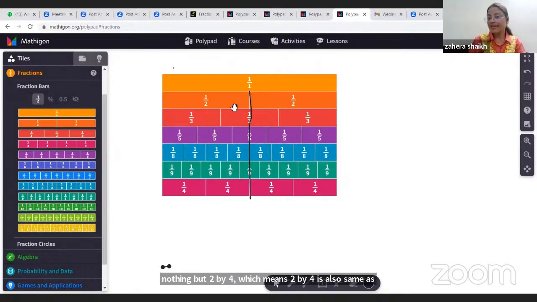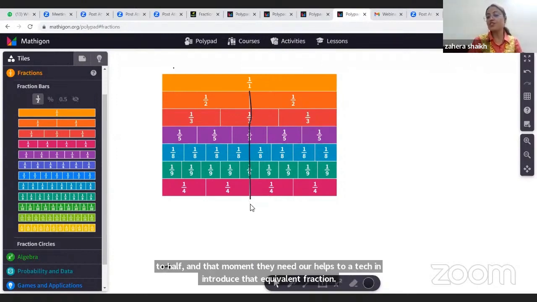So what they can conclude from this observation, they can say 4 by 8 is equal to 2 by 4 is equal to half. And at that moment, they need our help to introduce equivalent fractions. So these are nothing but equivalent fractions to explain to them, right?